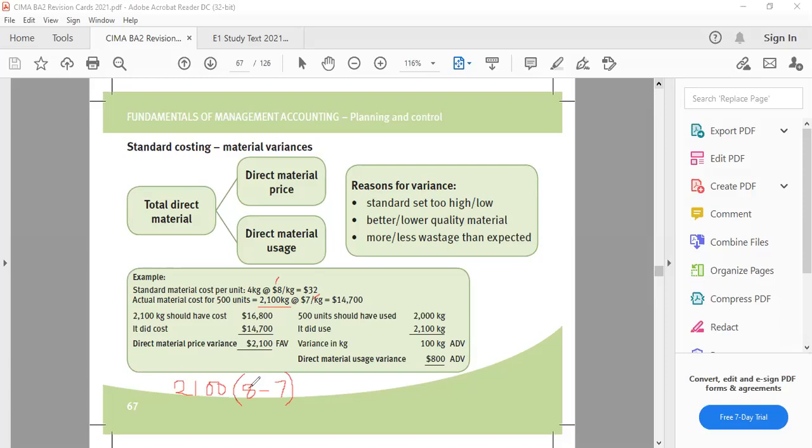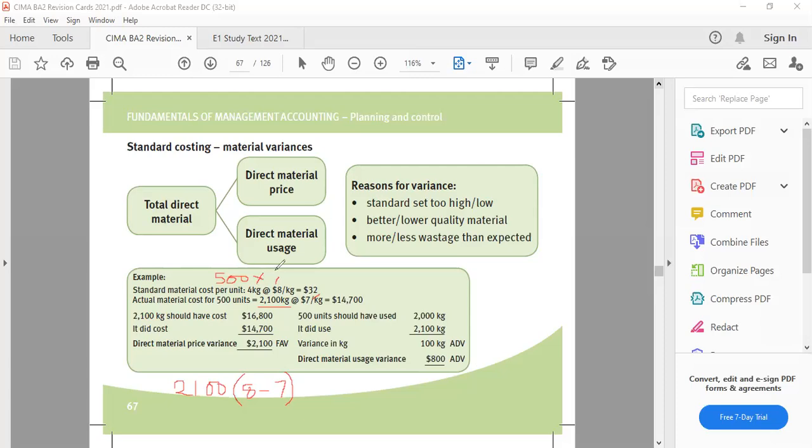Then coming to usage variance. Usage variance is how much did they use. Actual usage is 2,100. Standard usage will be 500 into 4, the standard quantity for 500 units, so it is 2000 kgs.